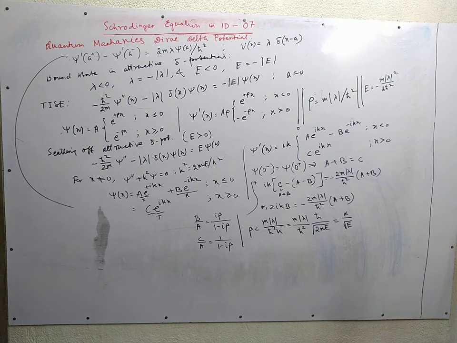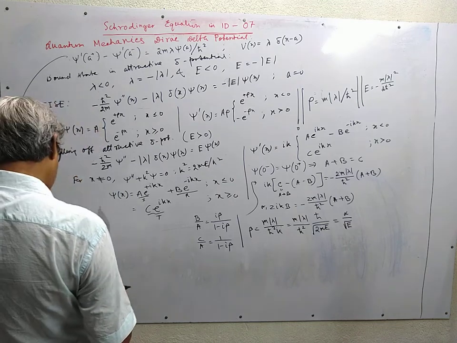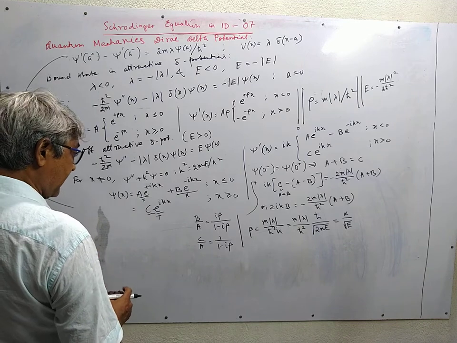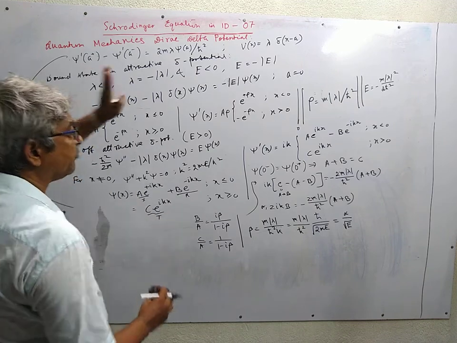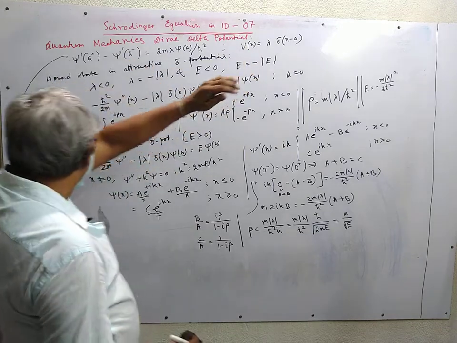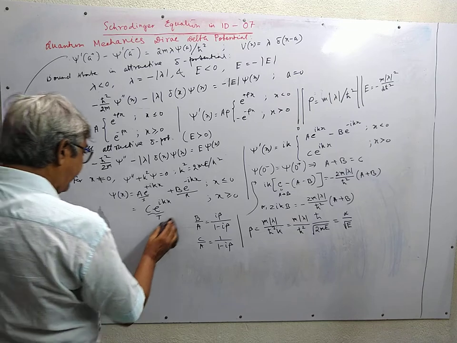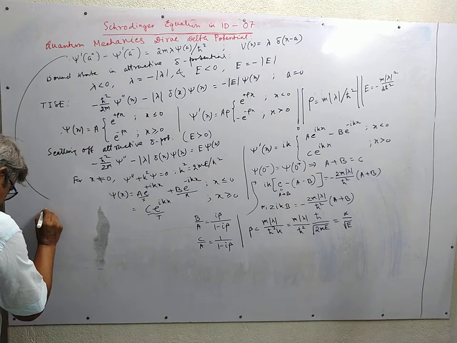Now if we come to the calculation of probability current densities, they can be calculated similarly, and since on both sides of the wave the wave vector has the same value, we define reflectance and transmittance.